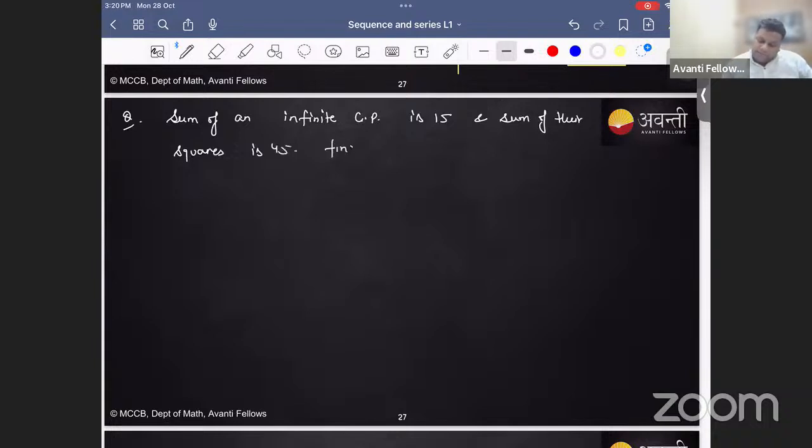Find the sum of their cubes. Yes. There's an infinite GP, the sum of whose terms is 15 and sum of their squares is 45. So you need to find the sum of their cubes. Quickly. Quickly try.